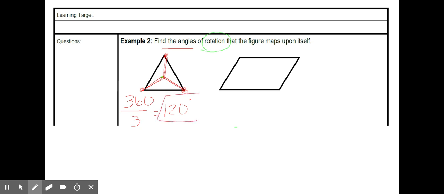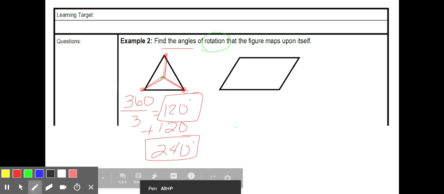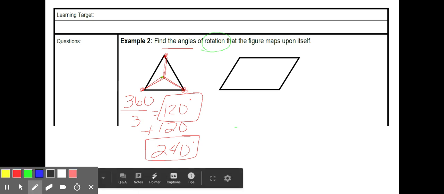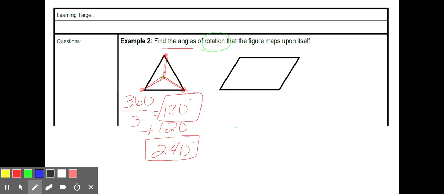So 120 degrees is one of the angles of rotation, but we want to find all of them. If we keep adding 120 degrees or multiples of 120 degrees, we can find all of the angles of rotation that are less than 360 degrees. So 120 degrees and 240 for our equilateral triangle.